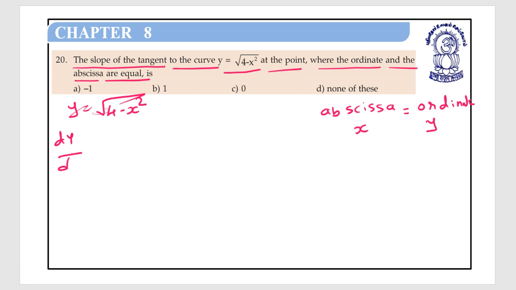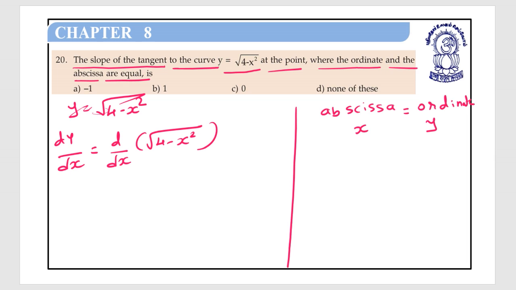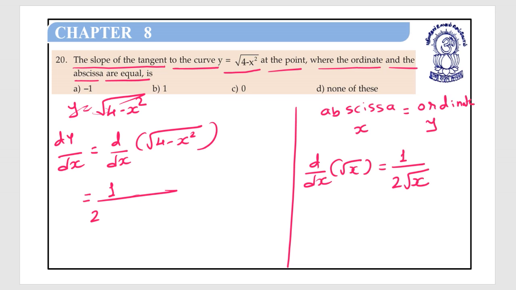So dy by dx is equal to d by dx of under root 4 minus x square. There is a formula, d by dx of root x is equal to 1 upon 2 under root x. So you can apply this: 1 upon 2 under root 4 minus x square. This is not the standard form, so again apply chain rule, d by dx of 4 minus x square.